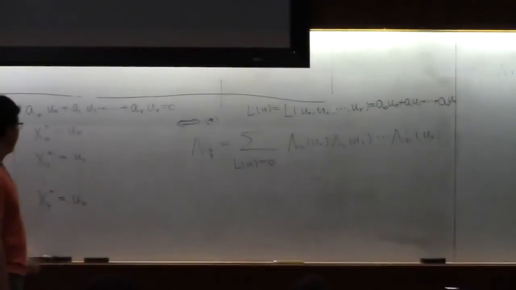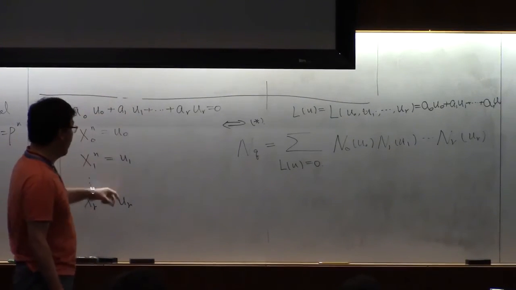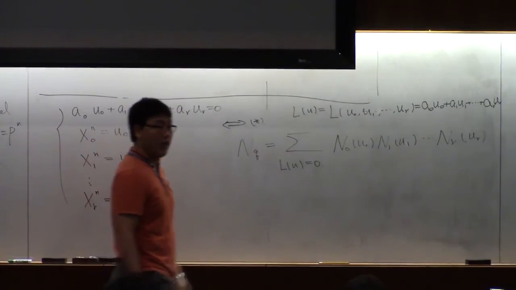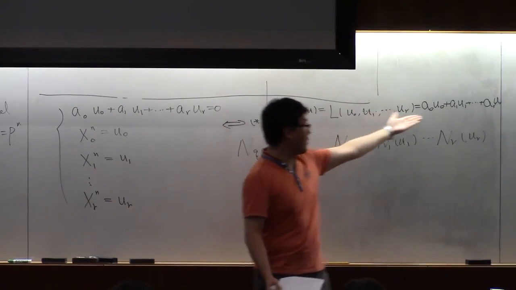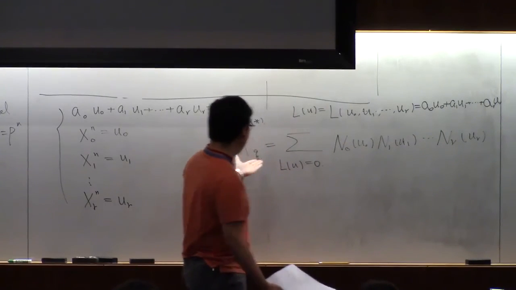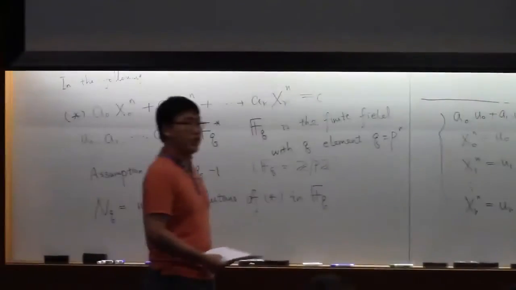In other words, you compute the number of solutions for each of these functions, and then you multiply them together. You get the number of solutions of this system of equations for the fixed value u0, u1, u_r. And then you take the sum for all these u's, which satisfy this linear equation to be 0. Then you can compute the number of solutions of the original homogeneous equation.